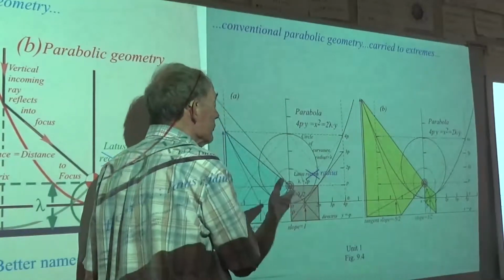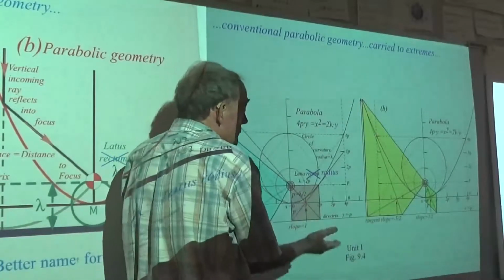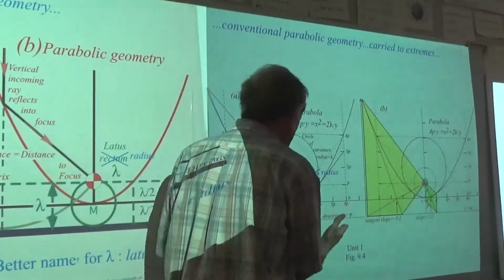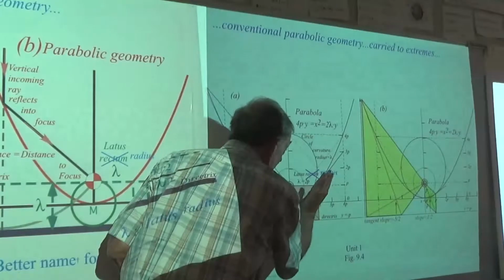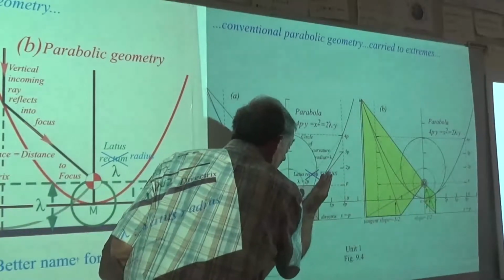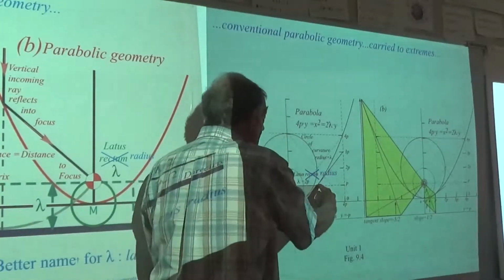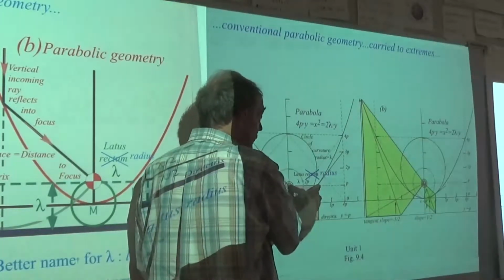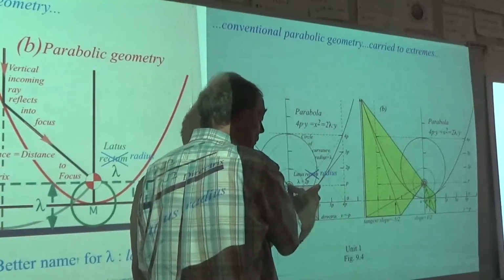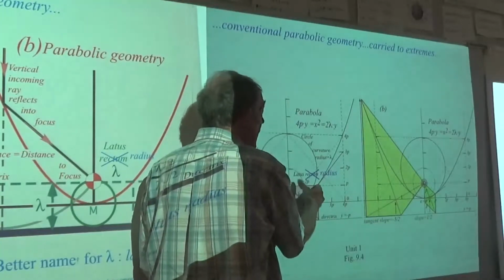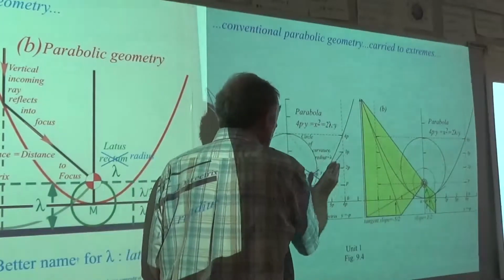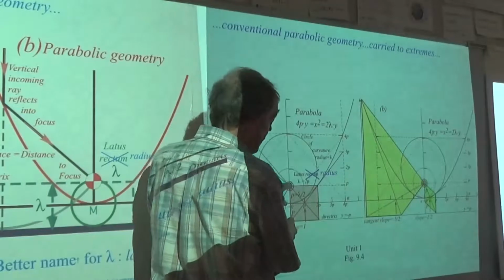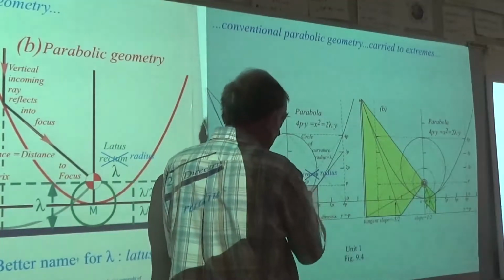And the thing that you should remember about a parabola, if you want to find the focus real quick, is you just look for that point that has a unit slope. In other words, the point opposite the focus, which will be a latus radius away from the focus, has to have a 45-degree slope. And it makes a square kite.